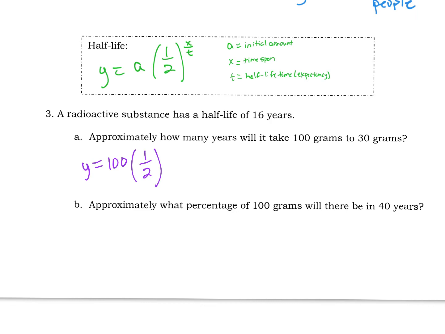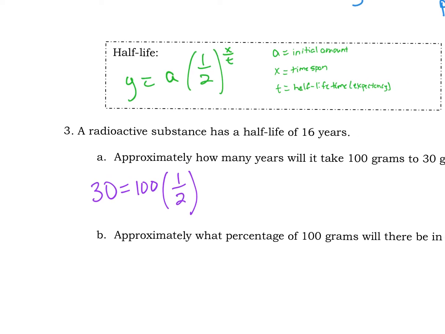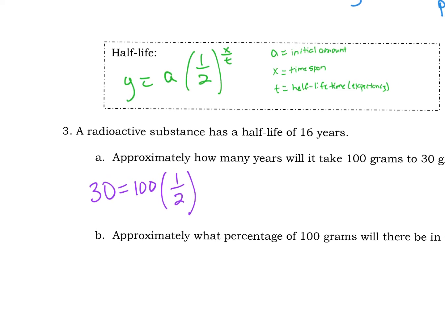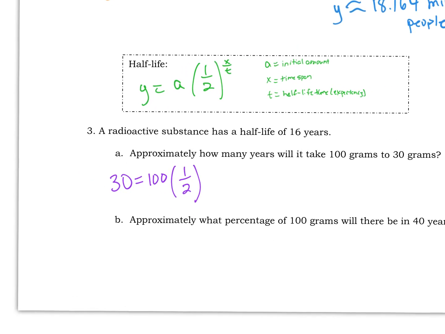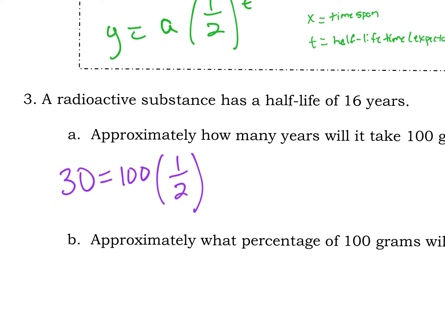Yeah, it's the y. So let me erase that y and put in the 30, because that's where it would go. And then we need to figure out what our x and our t are. One of these things is what we would be solving for. The half-life is 16 years, and we decided that that's our t. So to set this problem up, we would have 30 is equal to 100 times 1/2 to the x over 16.